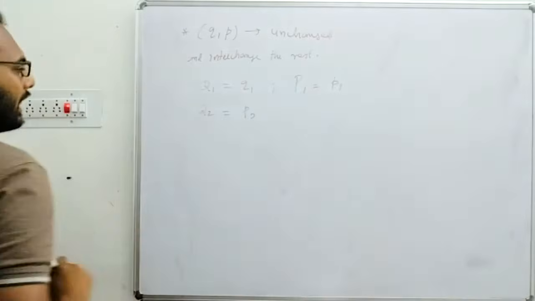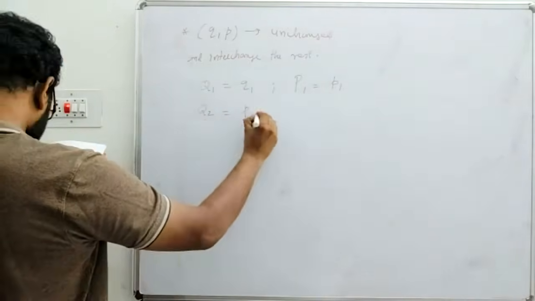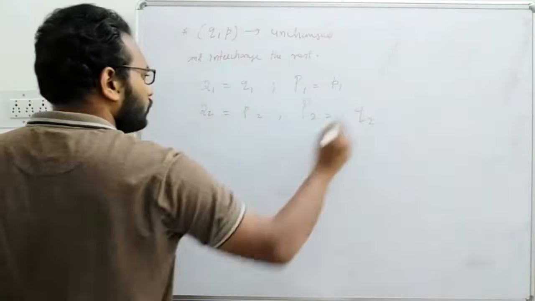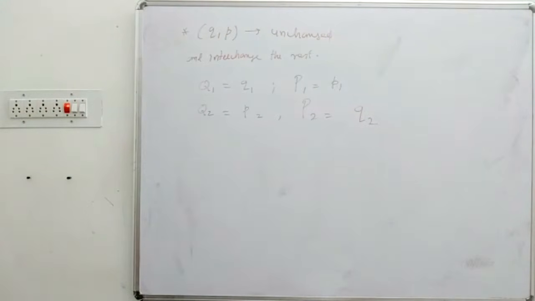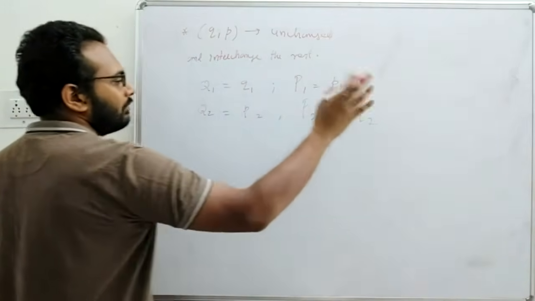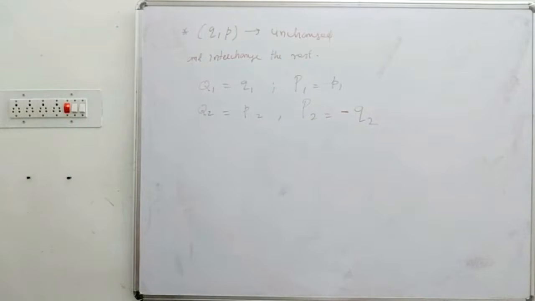Some of them are unchanged, and the other one we interchange: Q2 is equal to p2 and P2 is equal to q2. Is this possible? Can we do this? No, this wouldn't be a canonical transformation. As I said, when you interchange, you get an extra minus sign because of the asymmetry in the equations of motion. We know that p dot is minus dH by dq.